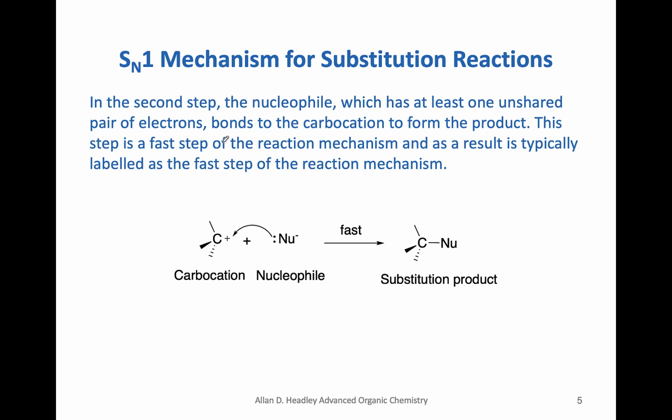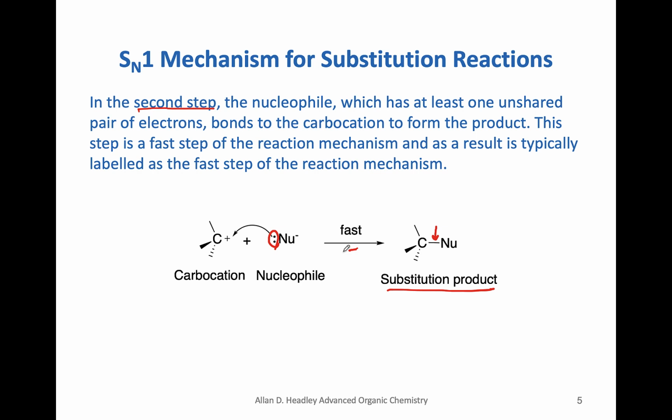In the second step, so notice there are two steps to an SN1 reaction, the second step is fast, where the electrons of the nucleophile form a bond to the positive carbocation, and here is that bond, and that's the substitution product.